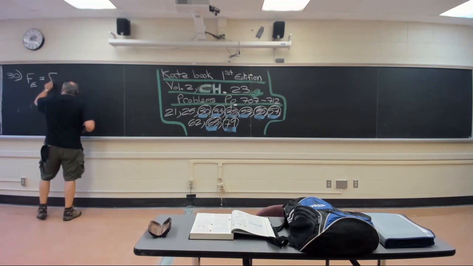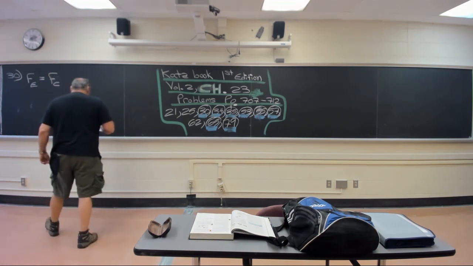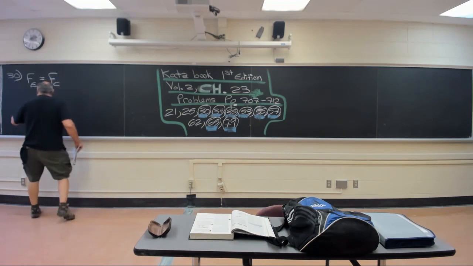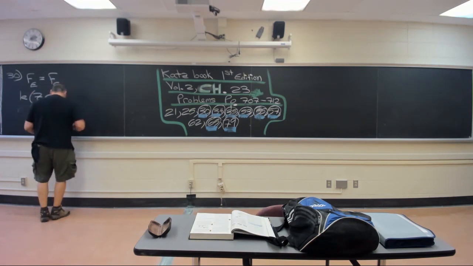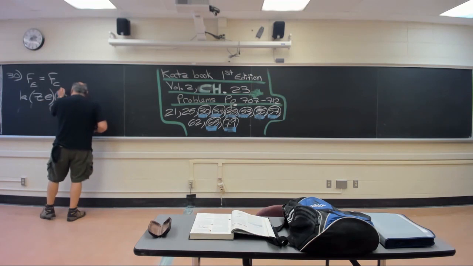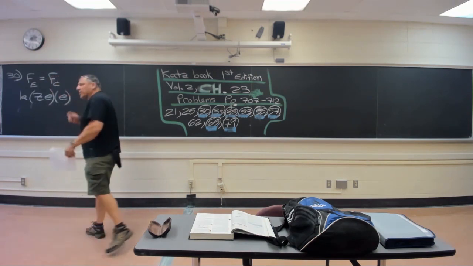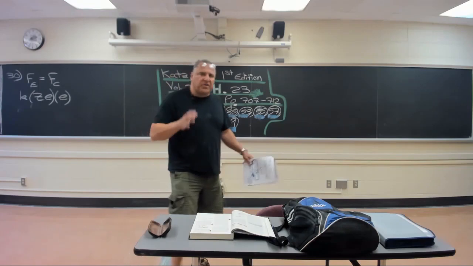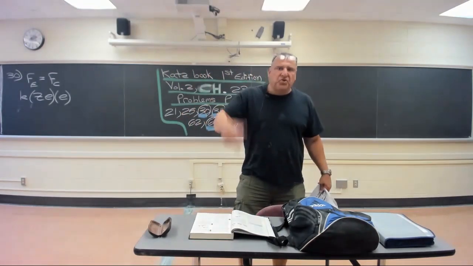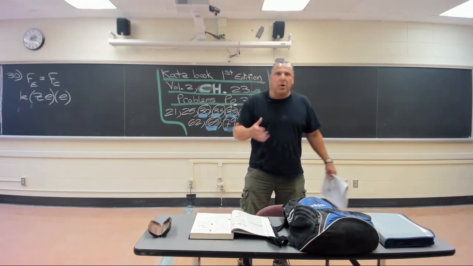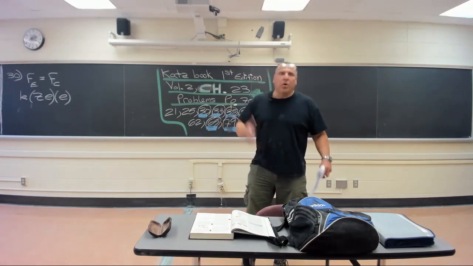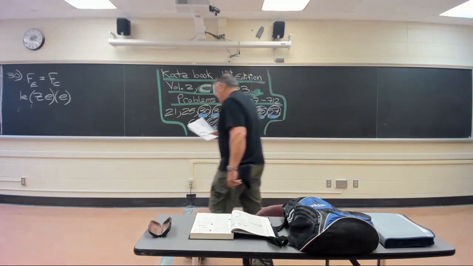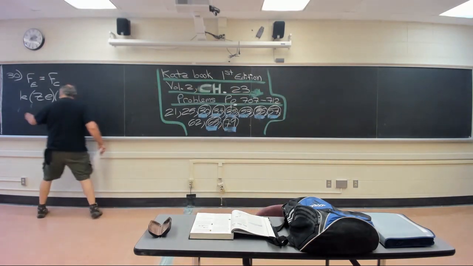Well, the electric force is k Q1 Q2, where Q1 is Z times e, and Q2 is e. Don't worry that it's negative. We know it's an attractive force, one positive, one negative. The imaginary rope composed of, so to speak, the electric force is going to hold that electron in orbit as it's going, divided by r squared.